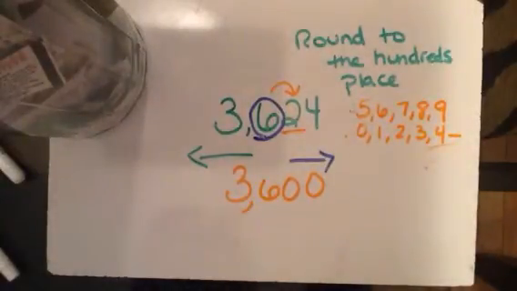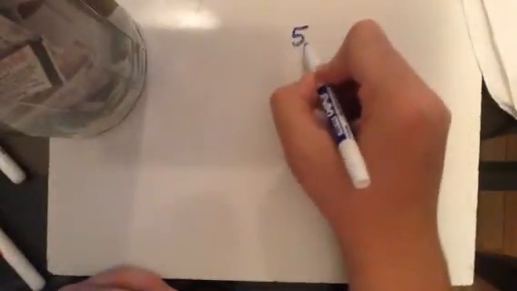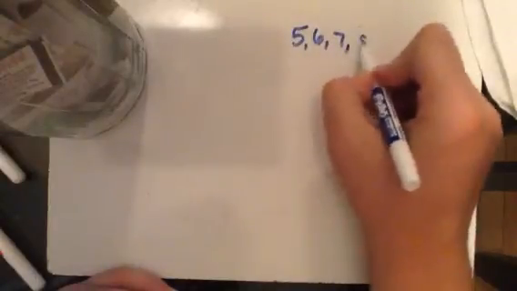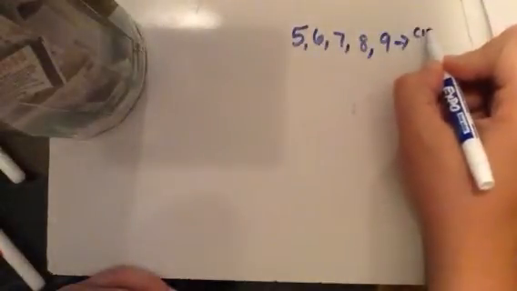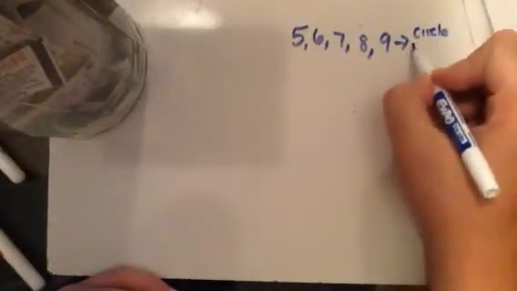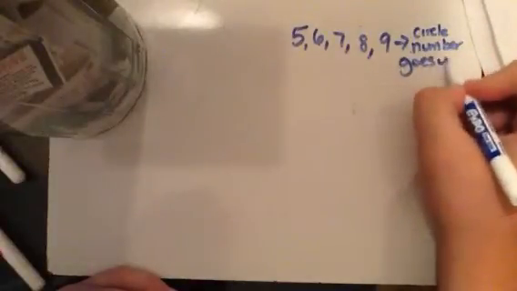Now we're going to look at rounding with decimals. The same goes. Circle your number, look right next door, 5 or greater, add one more. Numbers to the left stay the same, numbers to the right, zero's your name. So let's go ahead and write our rules down. 5, 6, 7, 8, and 9: the circle number goes up by 1.